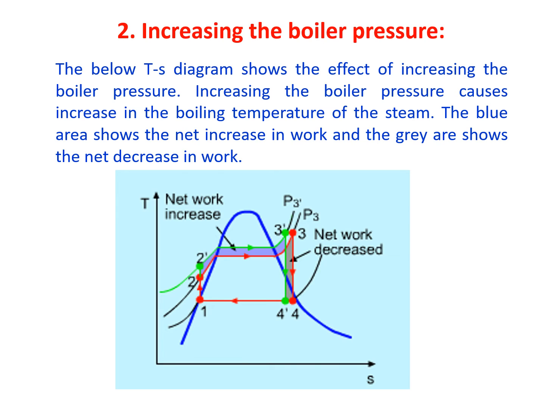The area we are showing here shows the net work increase. If you increase the boiler pressure, the temperature also increases from T2 to T2 dash to T3. This will increase the net work, so that we will gain an increase in output. This is the second method.